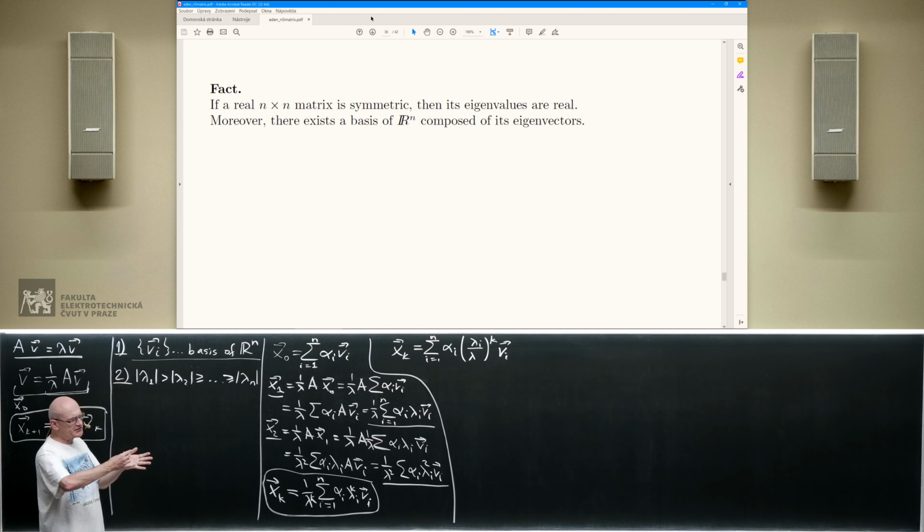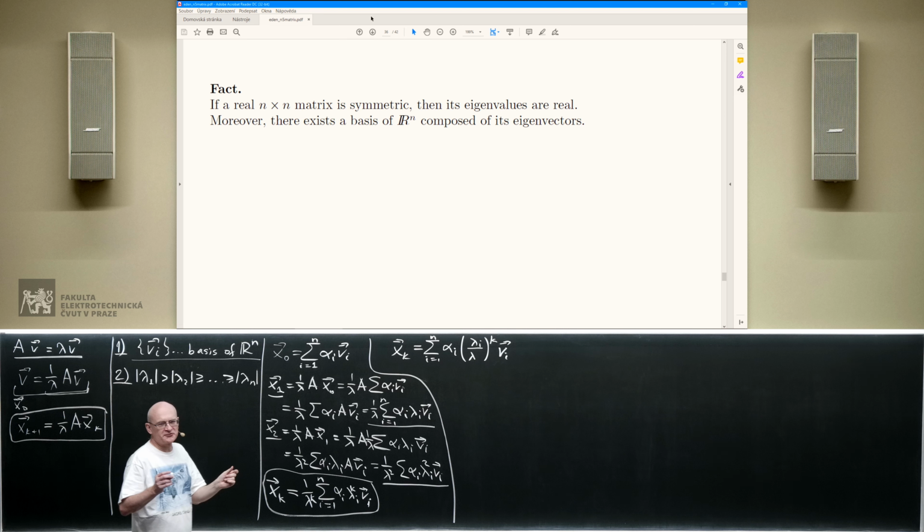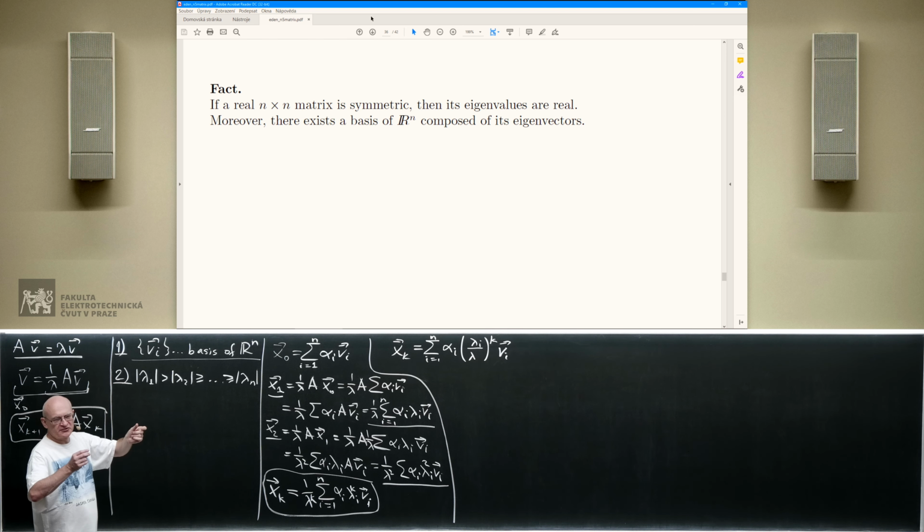When I get numbers, I can always order them by their magnitude. Well, we have a sharp inequality here, not anywhere else, but here we have a sharp inequality, and that is a restrictive assumption. It may happen for a matrix that you have two distinct eigenvalues with the same magnitude, and they are in trouble. This assumption will no longer work for you.